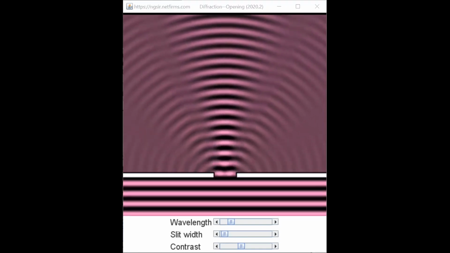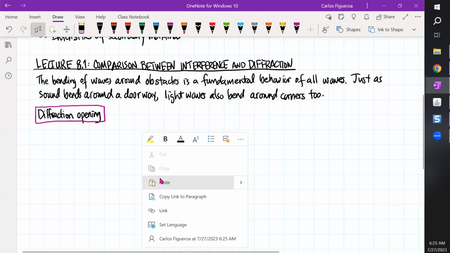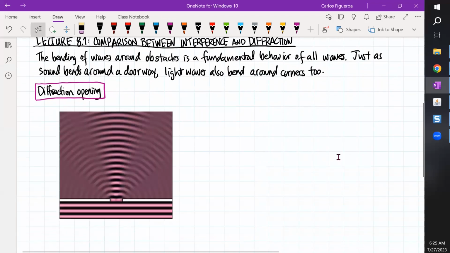So let me go back to my screen. I just took a screenshot of that, and here it is. When I look at this, here's what I'm seeing.